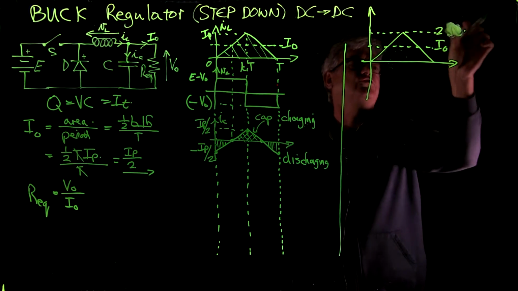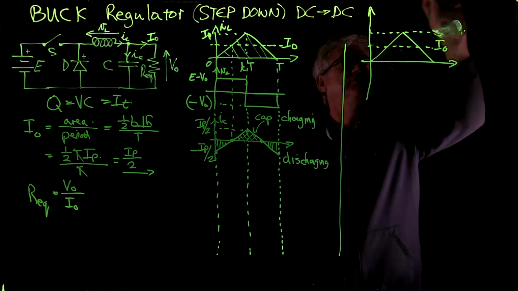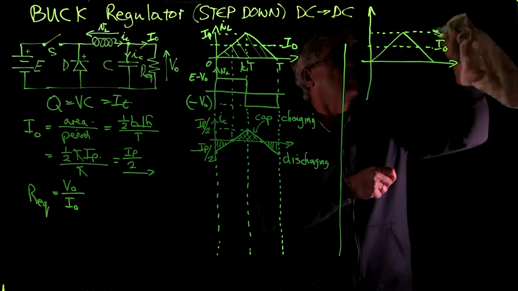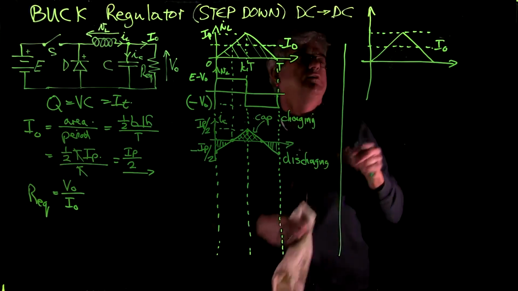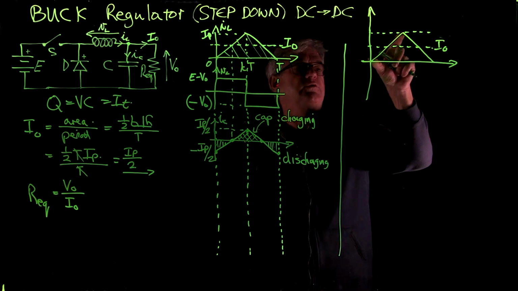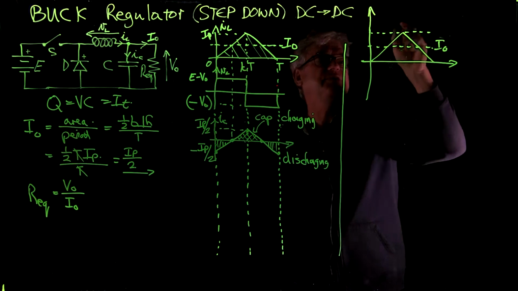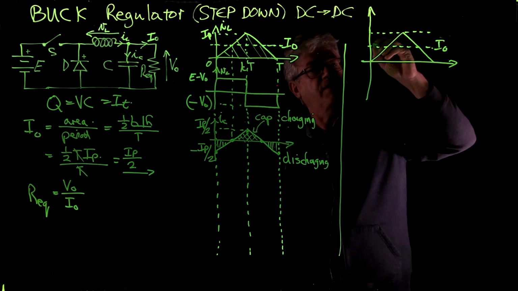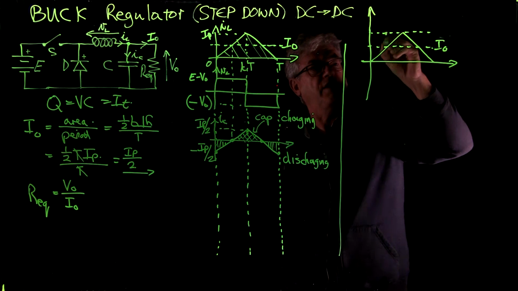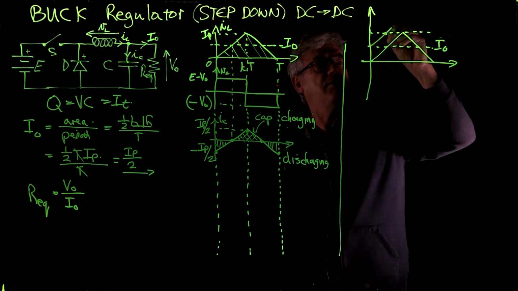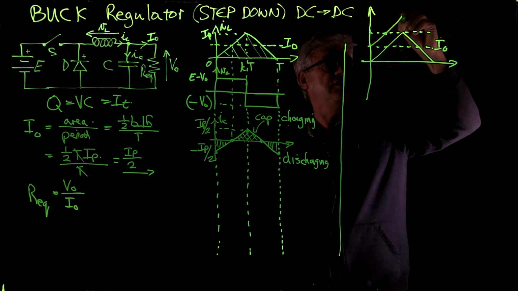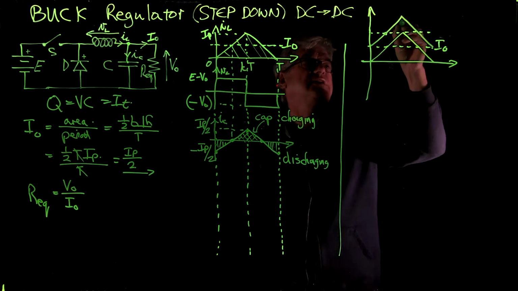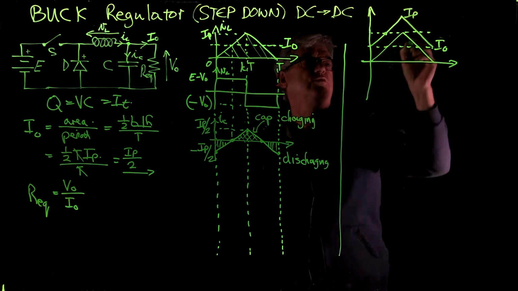So we're now at 2. That's horrible. So we must maintain this slope, and that just means that in order for us to have a double I out there, we now will have a wave shape that looks like that, and that will be our new I peak.